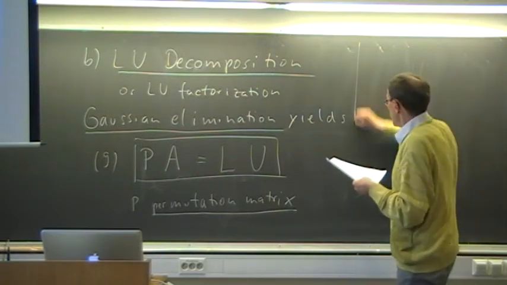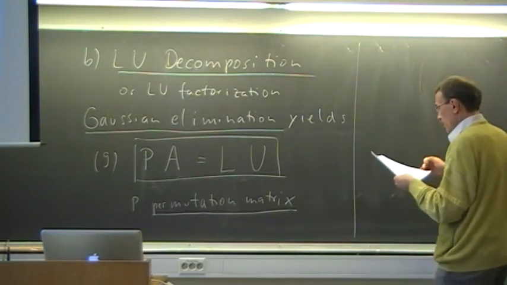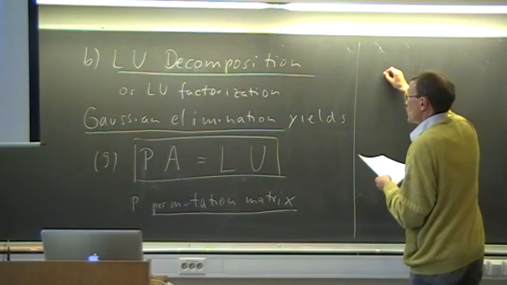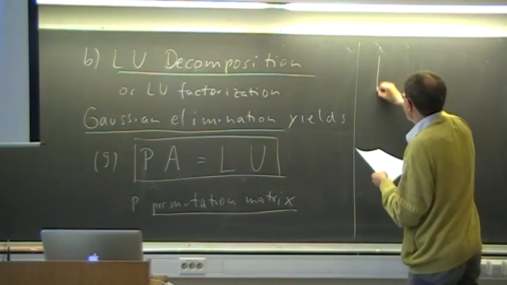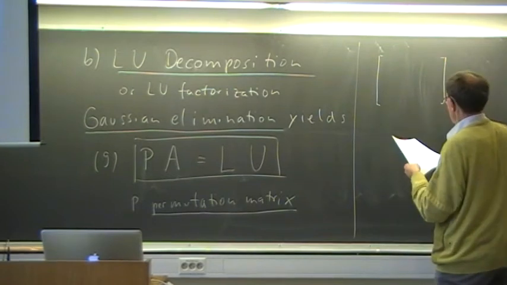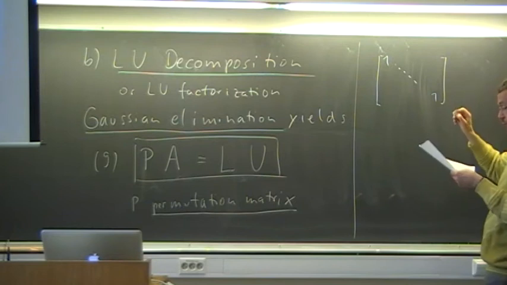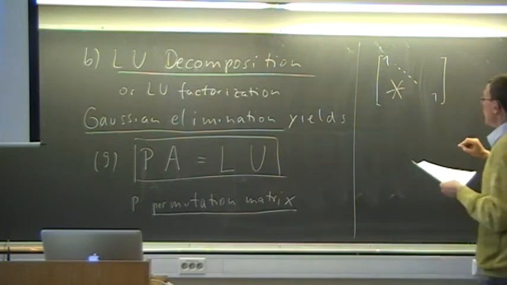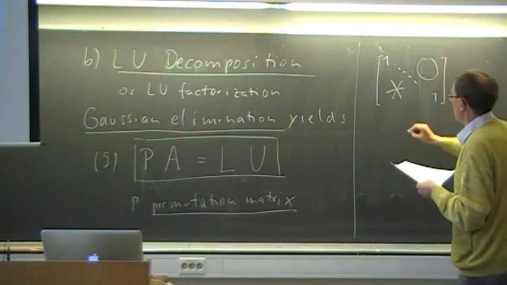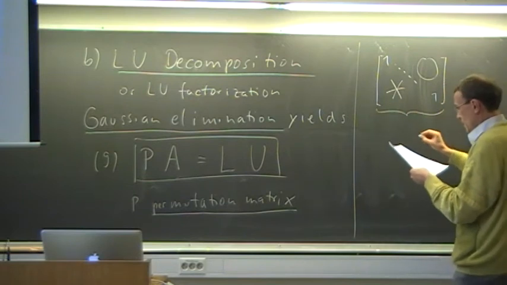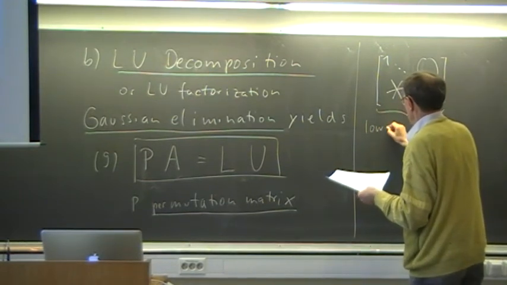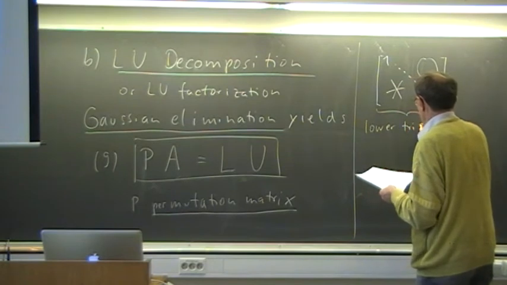And the L and the U are lower and upper triangular matrices. So the L contains the ones in the diagonal, as we saw also for the tridiagonal system, zeros above. So that is, as we saw before, a lower triangular matrix.